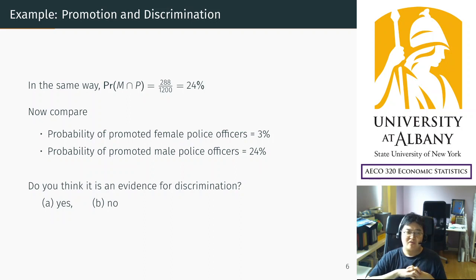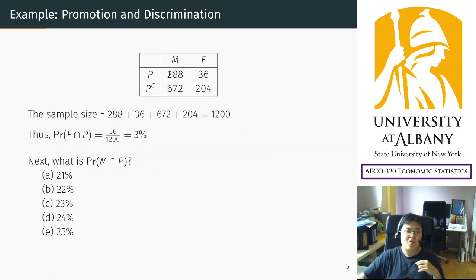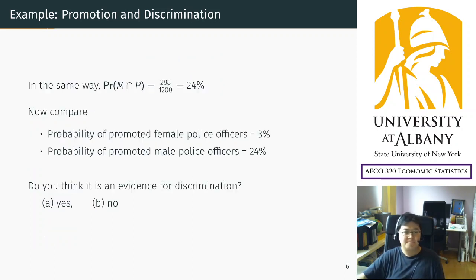We know that the total number of observations is 1,200. Among them, we are looking for male and promoted. There are 288 male promoted police officers, which means 24%.